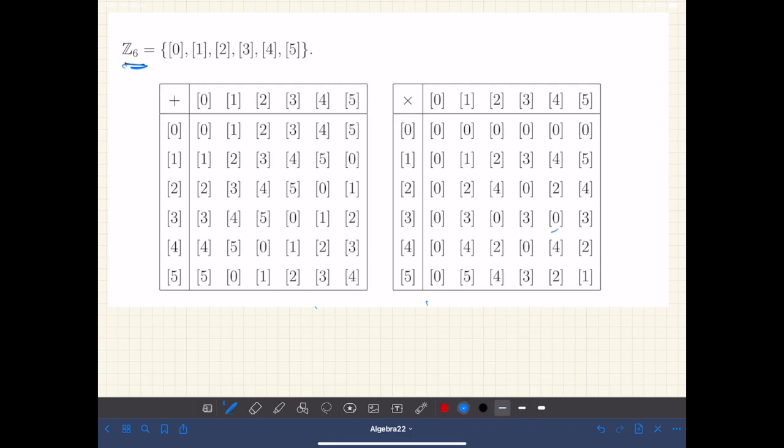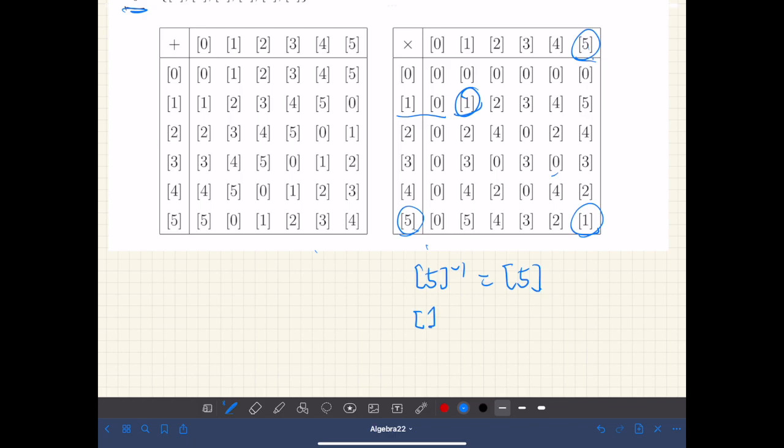So here is 1. 1 times 1 is 1, so 1 is its own inverse. And 5 times 5 is 1, so 5 is its own inverse. So 5 inverse is 5, and 1 inverse is 1. And other elements do not have an inverse.